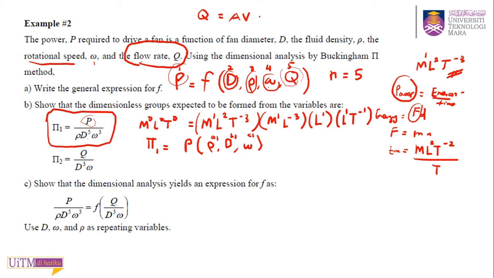Okay, A times V. What is A? Area, right? Area. What is the primary dimension for area? L squared. Okay, and for V?